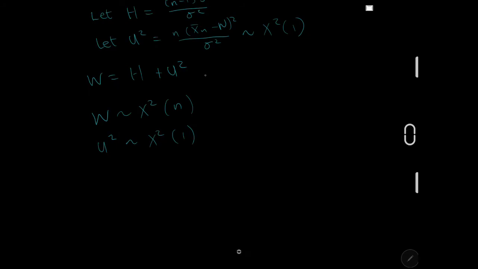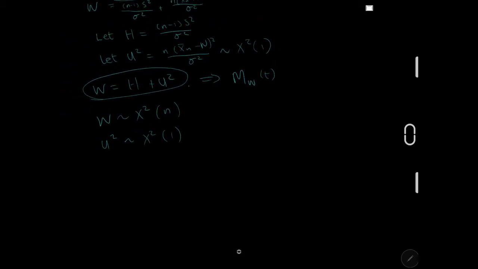So if we take the moment generating function of w of t, using this formula, we know that it's going to be equal to E of e to the tw, which we can write using the definition we have for w, which we've manipulated to be e to the t of h plus u squared.